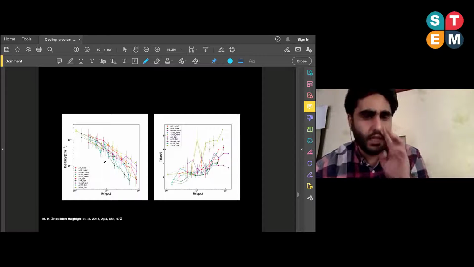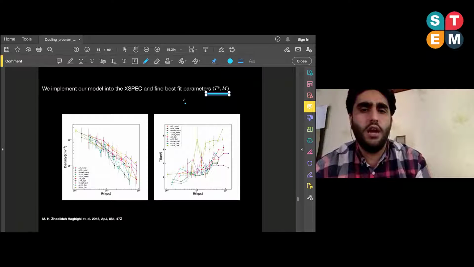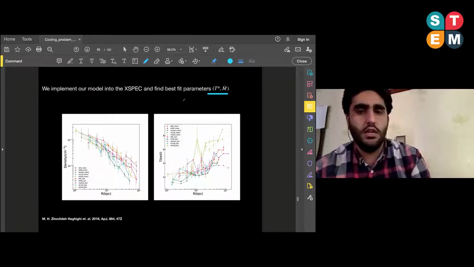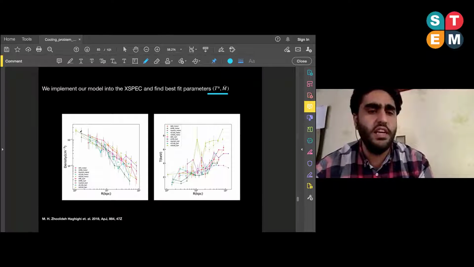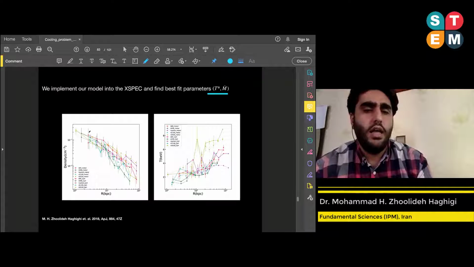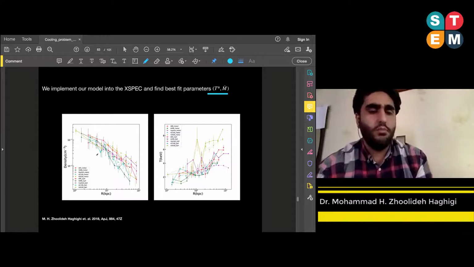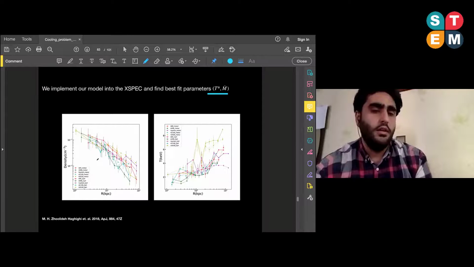So we have applied our model, you can see here, and we have two free parameters in our model, m dot and T star. T star is the temperature of the peak, and then we have fitted a spectra, and we have compared it with MEKAL, one of the most popular models in spectral fitting.